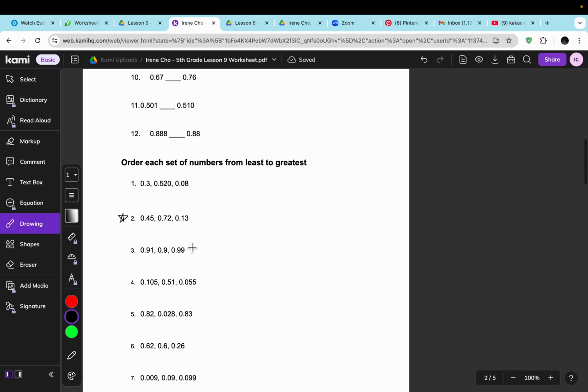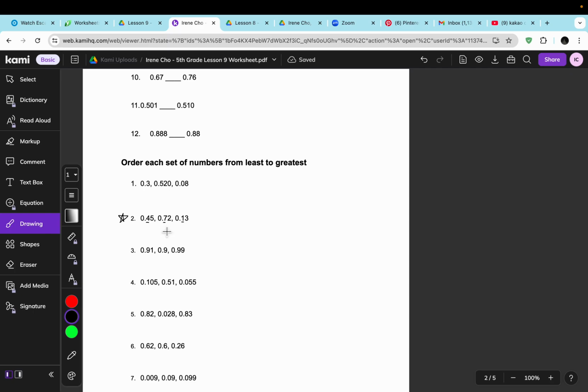Moving on, it says order each set of numbers from least to greatest. So now that we know that for questions with a 0 before the point, we have to look at the first digit after the point. So it's 4, 7, and 1.